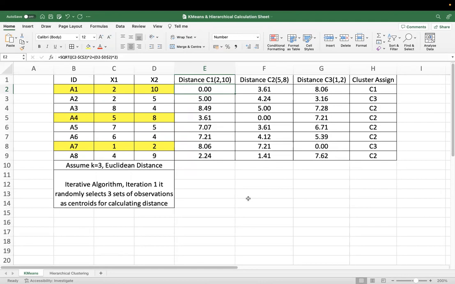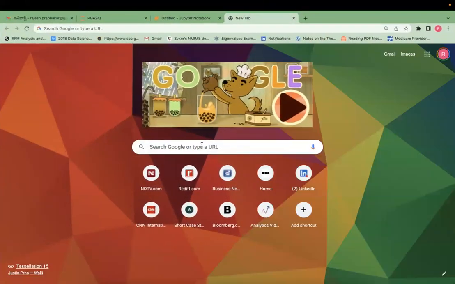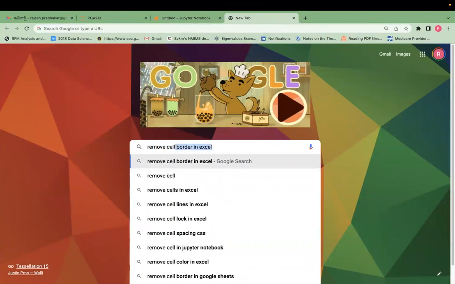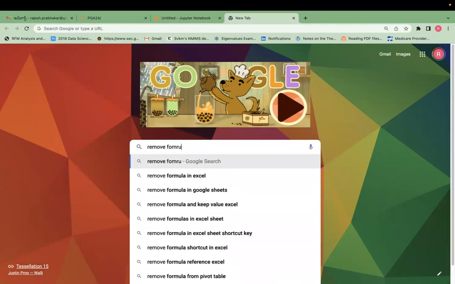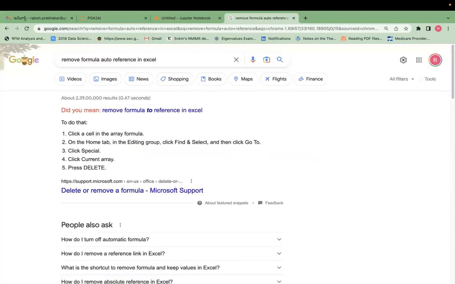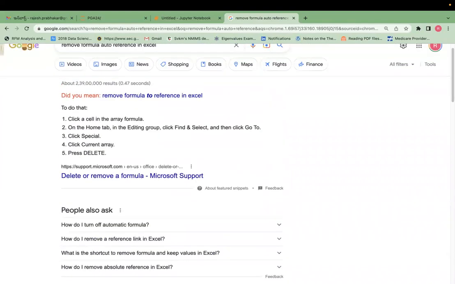What happened? Got it? See, you have to remove that in options. Sorry, circular reference.